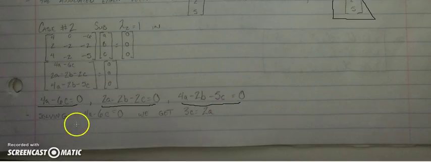First, I solved the 4A minus 6C equals 0 and got 3C equals 2A.